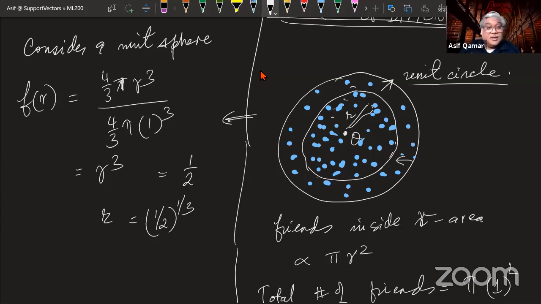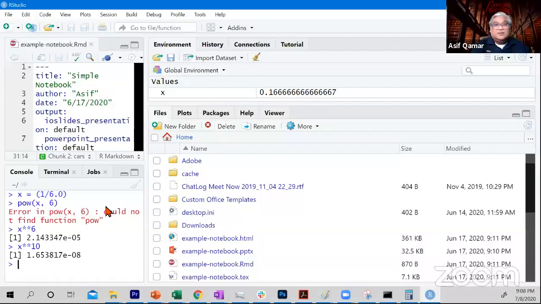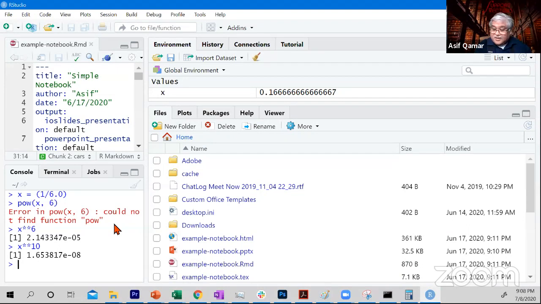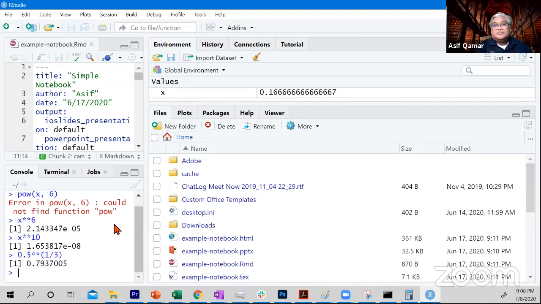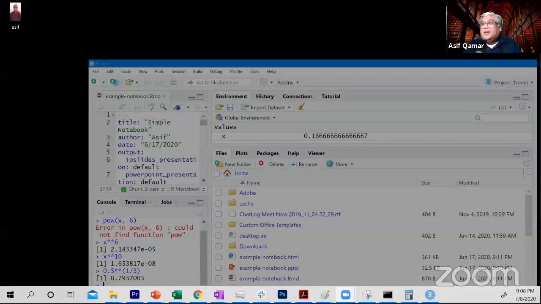We could do that once again. If R cubed is equal to a half, then 0.5 ** (1/3), let me be approximate, 80%, right? It is close to 80%.